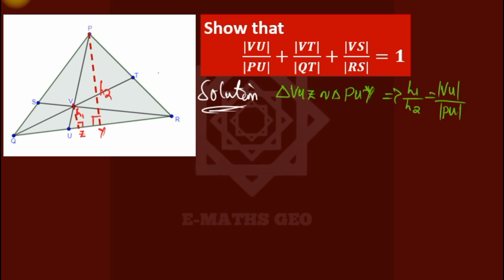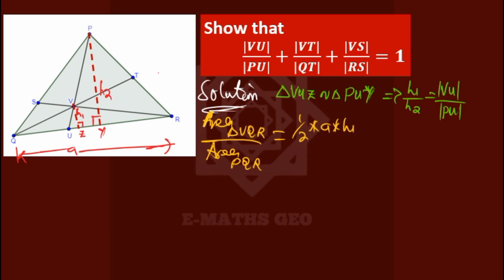So let's now, they have a common base. Let's call the common base of triangle VQR and triangle PQR, the base A. If we try to get the ratio of areas, the ratio of the area of triangle VQR to that of PQR is equal to half times the base A times the height H1, over half times the base A times the height H2.